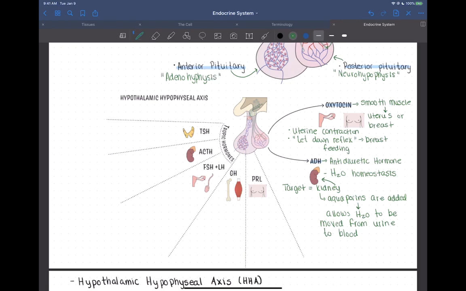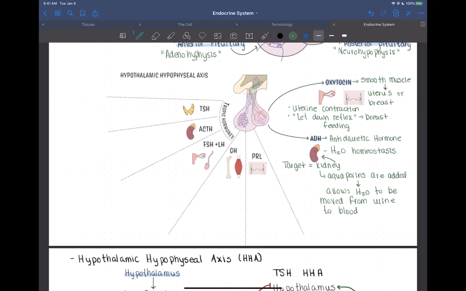Adeno just refers to its glandular structure. Okay, and so there are hormones that just act like normal hormones. They go to their tissue, have their effect, like oxytocin and ADH did. Those are going to be our growth hormone and prolactin that we'll talk about.